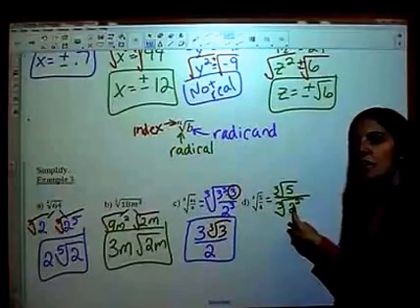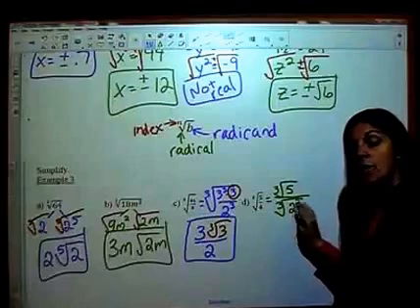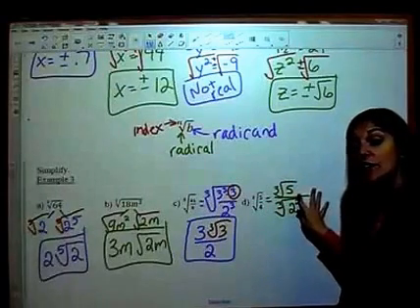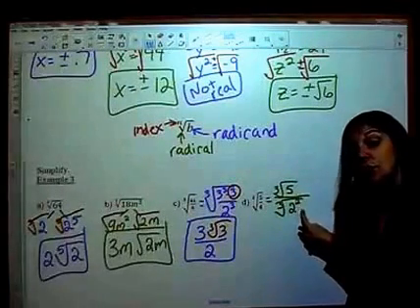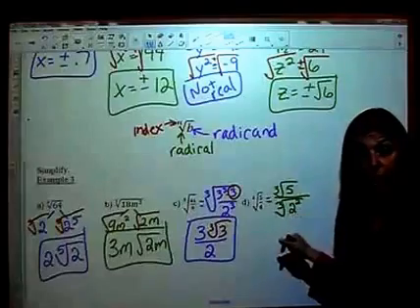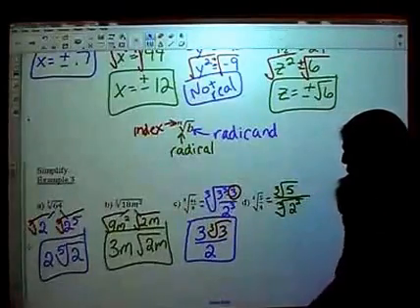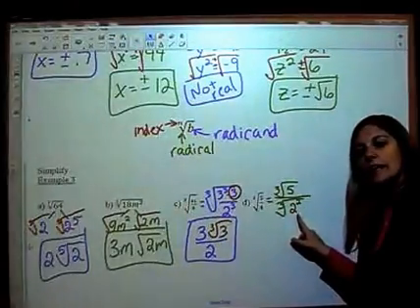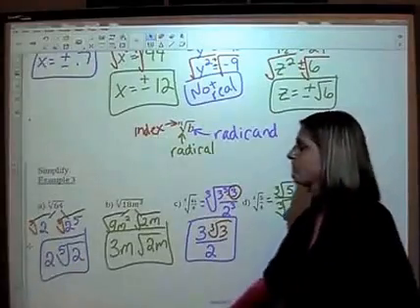So is there a way we could change this without changing the value of the fraction to make this a 2 cubed so that we don't have a radical in the denominator? What could we multiply this by to get 2 cubed?